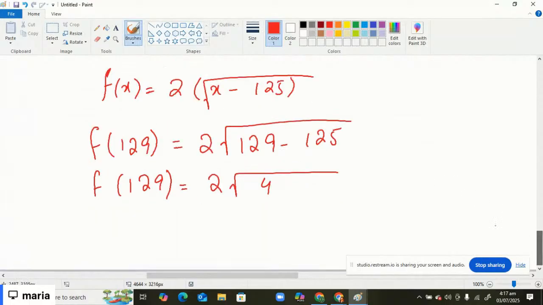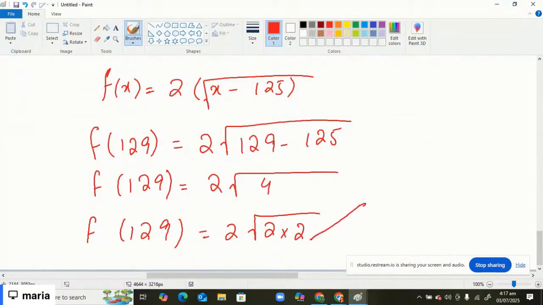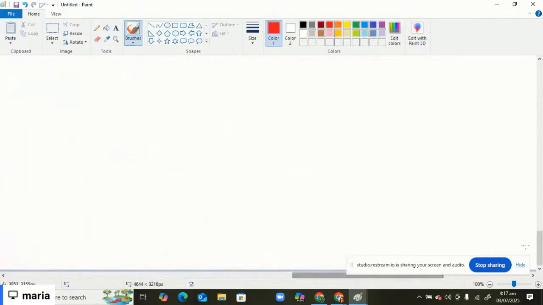What is the square of 4? I'm just going to split 4 into two digits, which is 2 times 2. And now this 2 times 2 becomes 2 into 2 square, and that square should be cancelled, and 2 times 2 is 4. And here is the answer, that is 4. Let's do some test questions, then you will be more able to understand.